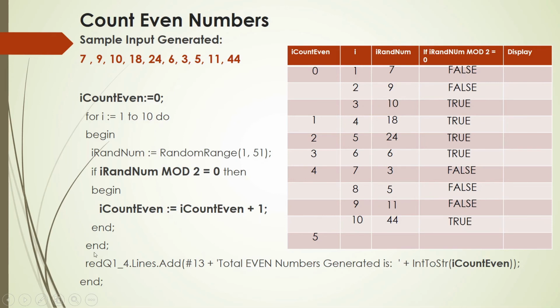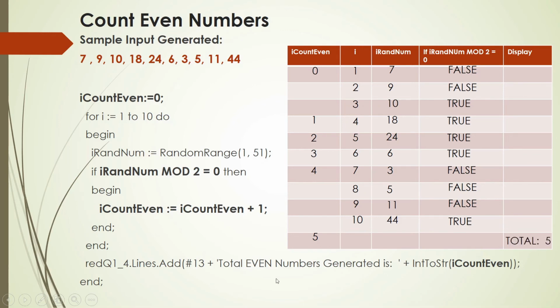Out of the loop, I execute statements outside the begin and end of my for loop. I now display on a rich edit: total even numbers generated is whatever is stored in the variable iCountEven, and it will display the total is 5.